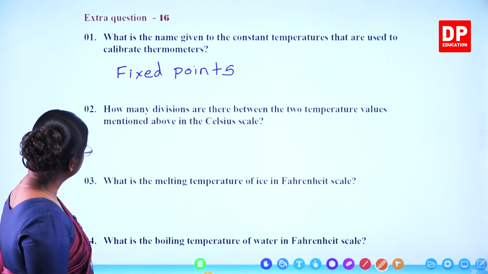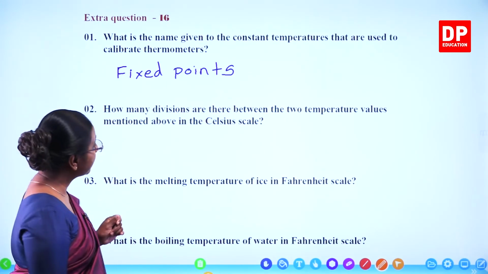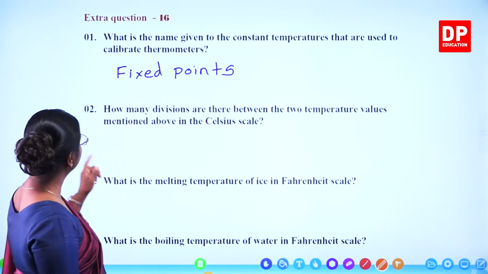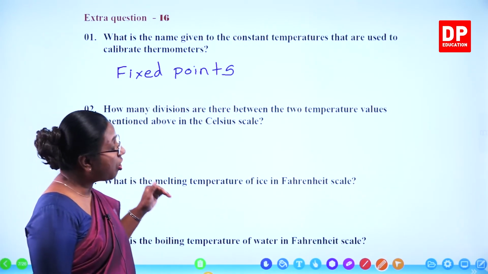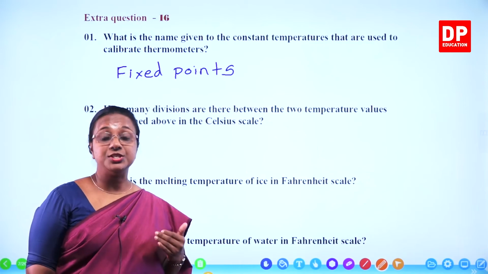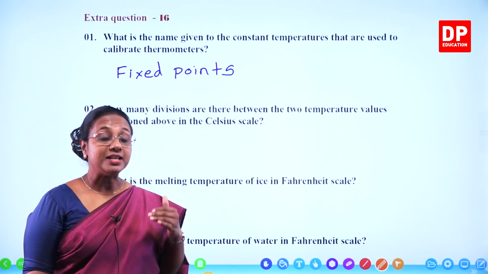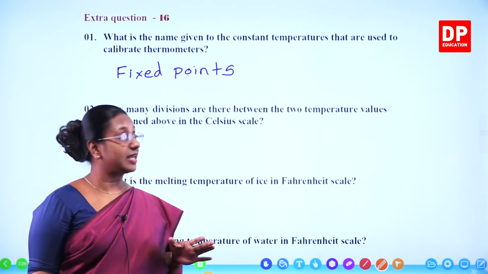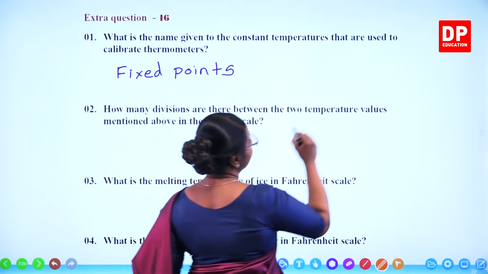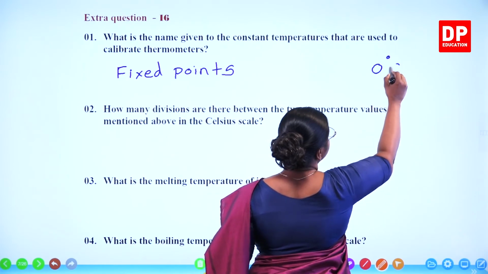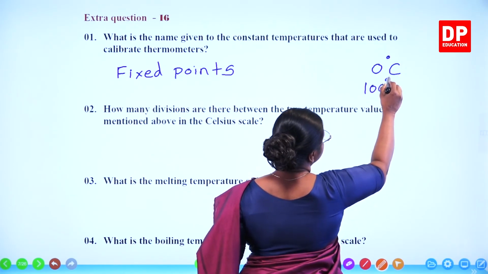Then the second question. How many divisions are there between the two temperature values mentioned above in the Celsius scale? So in all the scales, we can measure these two temperatures, but they differ depending on the scale. And according to the Celsius scale, I told you all the two fixed values are 0 degrees Celsius and 100 degrees Celsius.